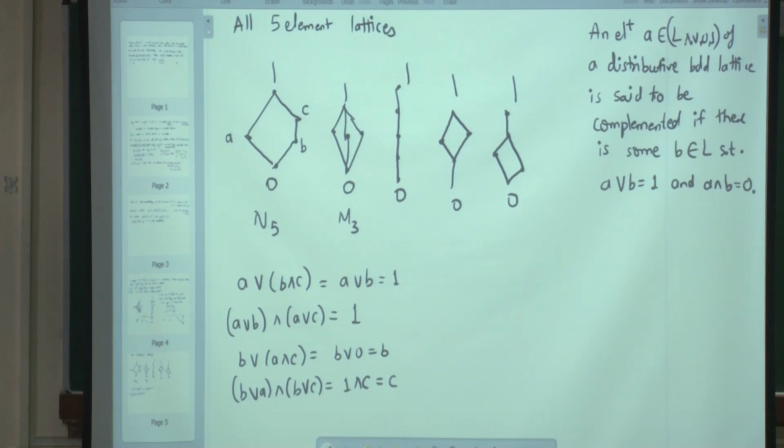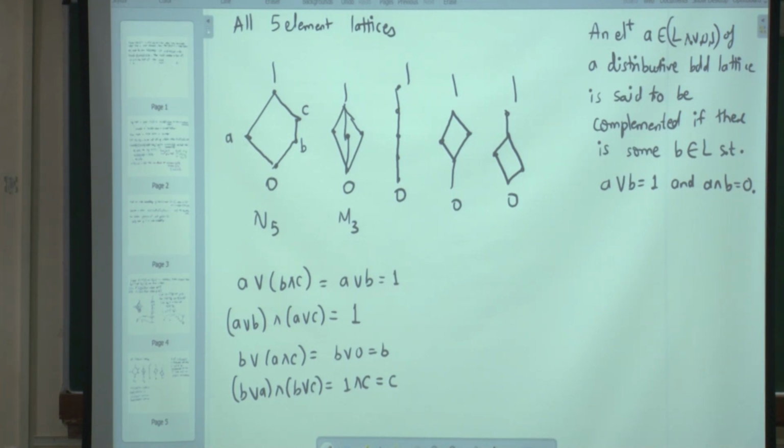A complemented element in a distributive lattice. Okay, so tell me, does A have a complement in N5? Yes. What is that complement? B is a complement and C is a complement also.